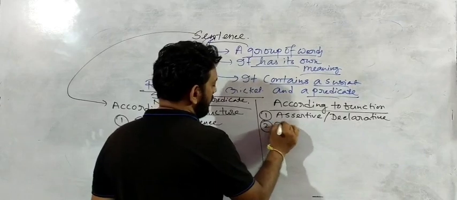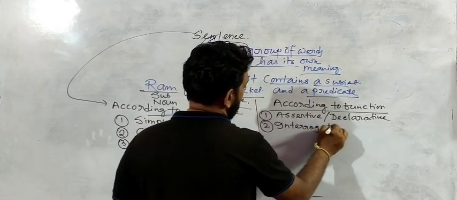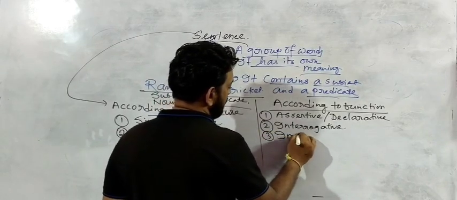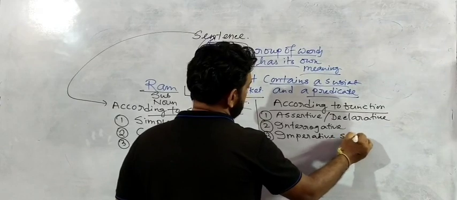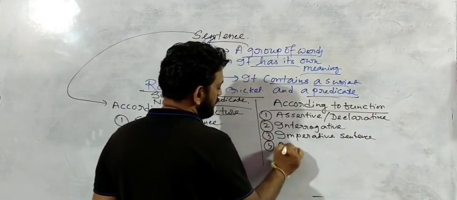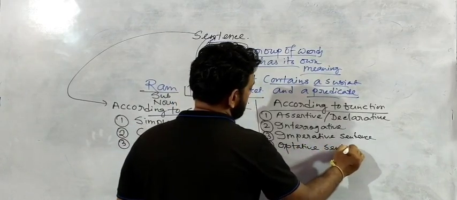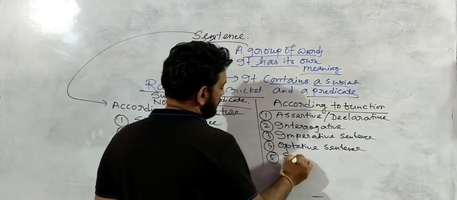Second one is interrogative sentence. Number 3 is imperative sentence. Number 4 is optative sentence. And number 5 is exclamatory sentence.